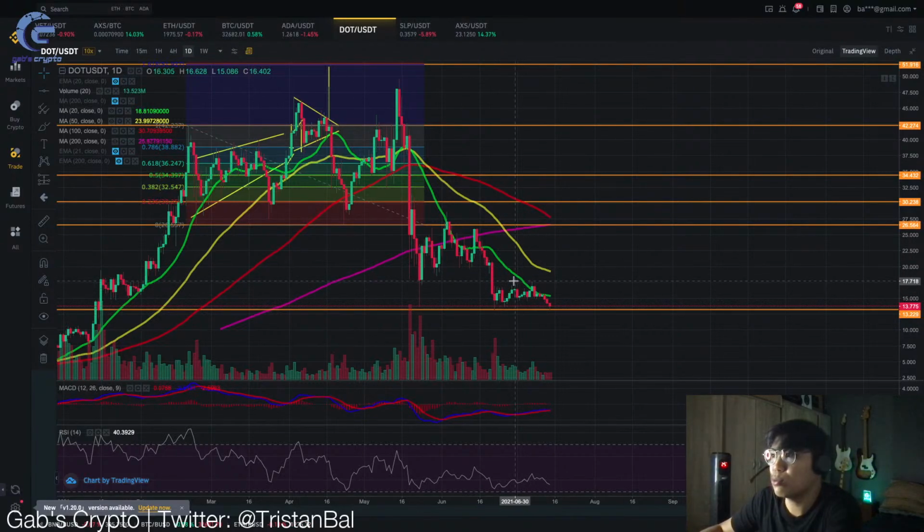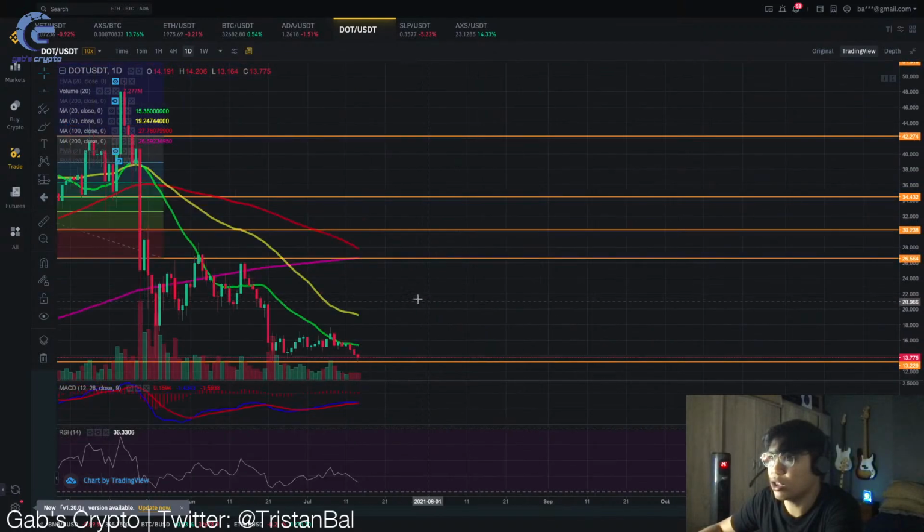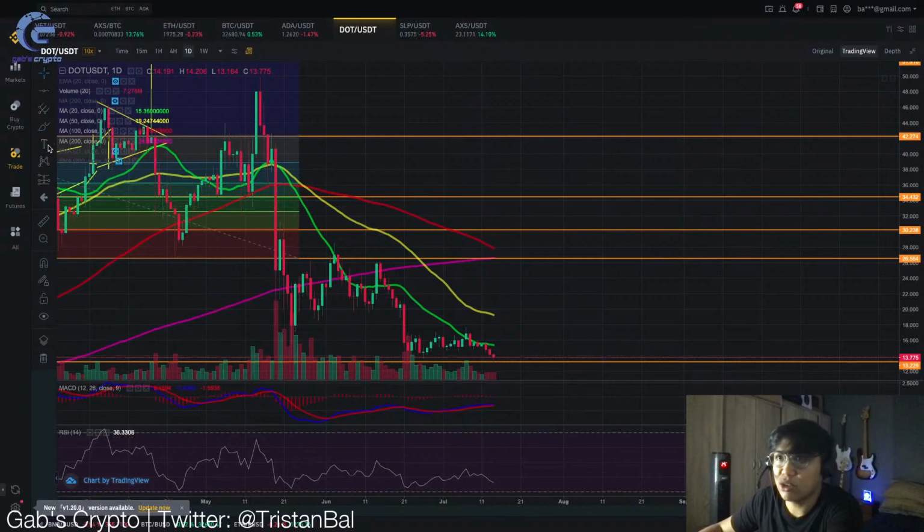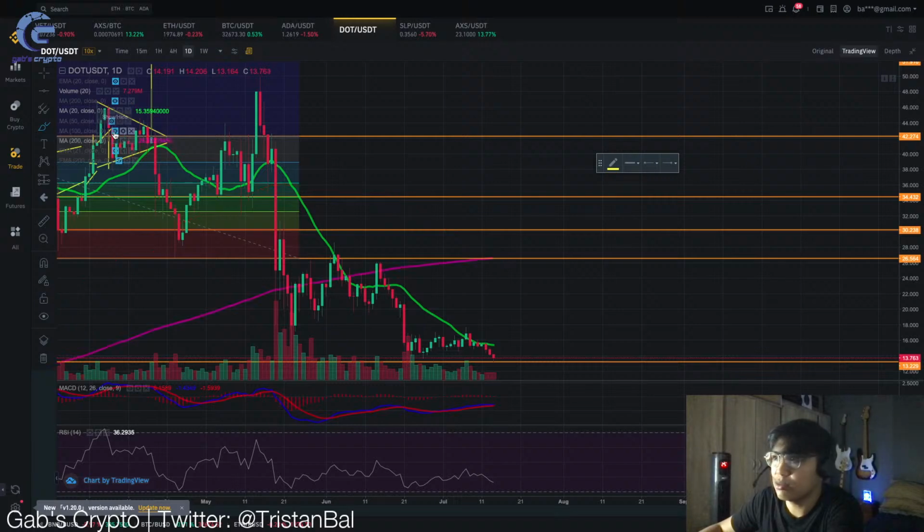So, in order for Polkadot to flip bullish, kailangan ni Polkadot ma-break yung 20-day moving average. Kasi right now, yun yung nag-acts as resistance dito. Pero tingnan nyo to guys, itong 20 and 200.